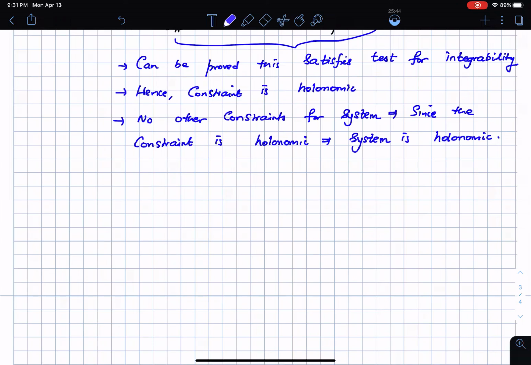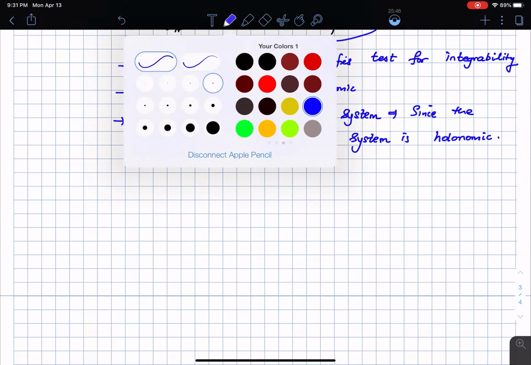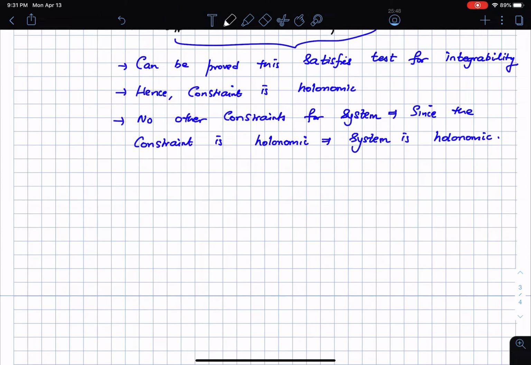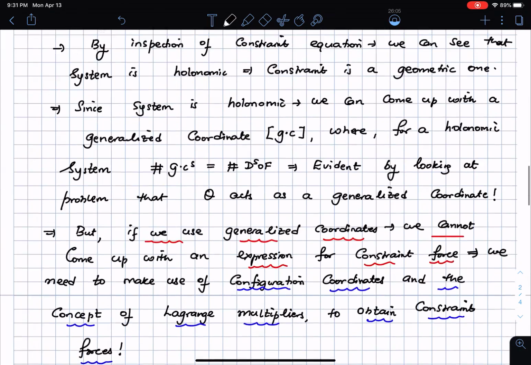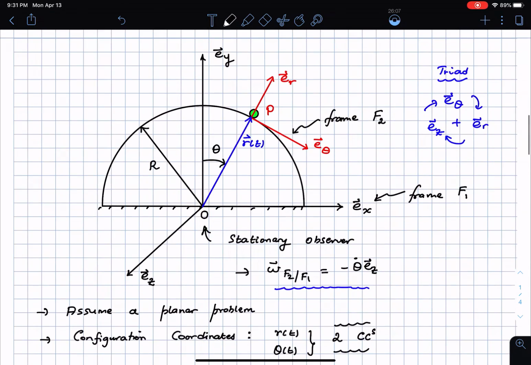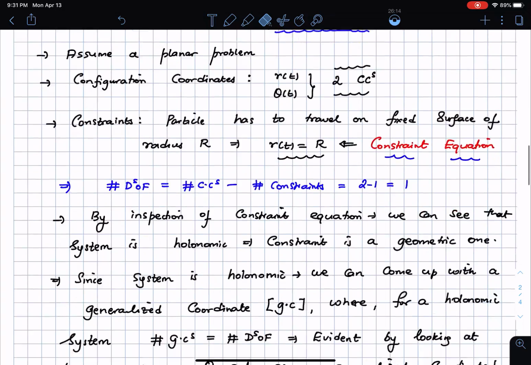Now we have to look at the velocity of the particle. To find the velocity of the particle, I come back to our figure here, and I first write the position vector of the particle, r of p relative to o, which is r of t in the er direction.